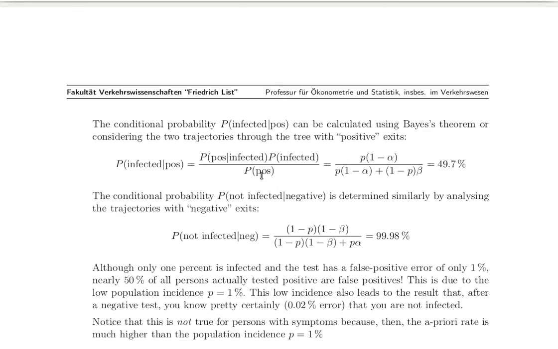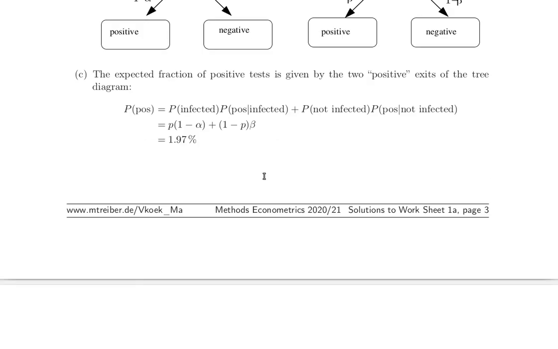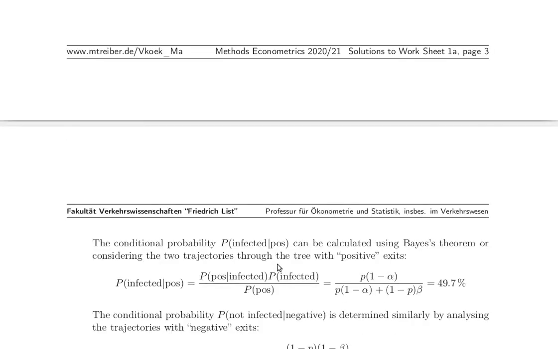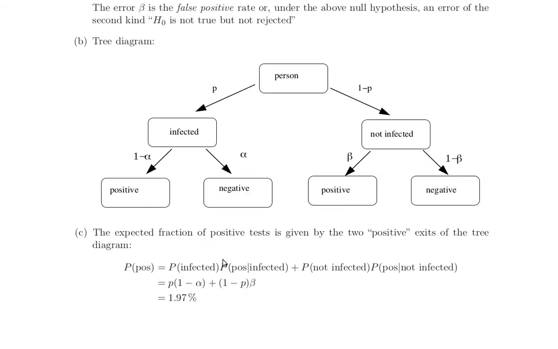You can also see it with a probability tree. So the condition is a positive test. That means we restrict ourselves to all the branches with positive outcomes. It's basically this branch and this branch.